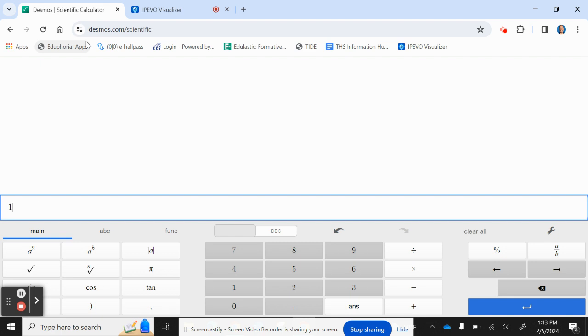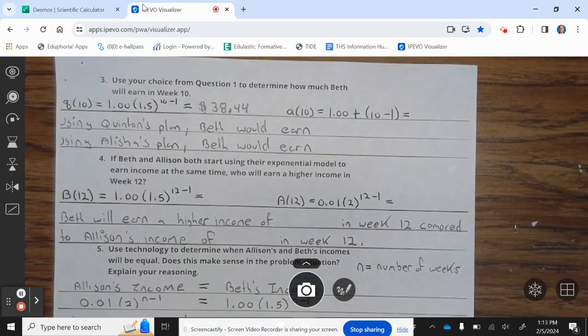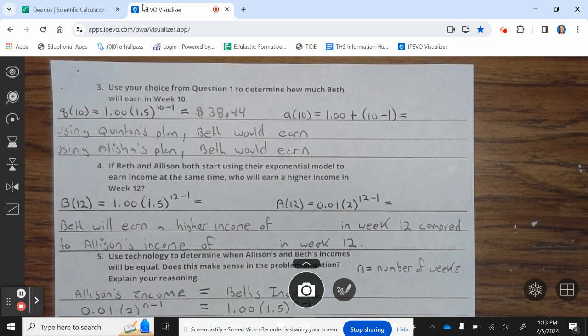So that's 1.00 parentheses 1.5 All right, using Quentin's plan, she would make $38.44.